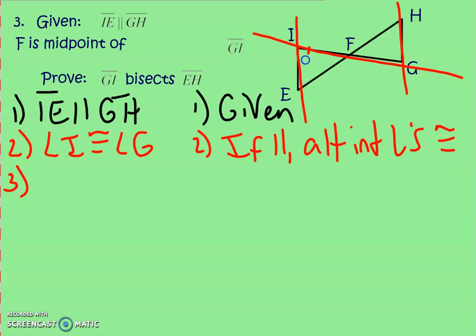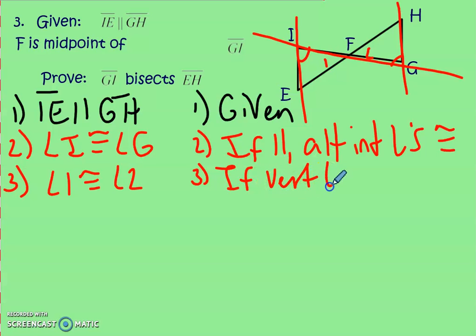So that gives us one part. We have these nice vertical angles in the middle. So I can say angle 1 is congruent to angle 2. And that's if we have vertical angles, then our angles are congruent.